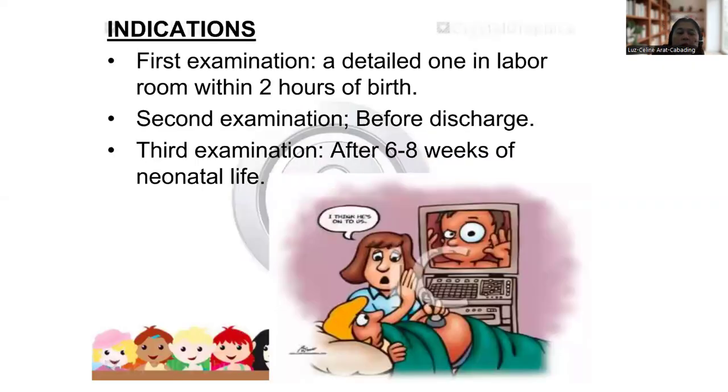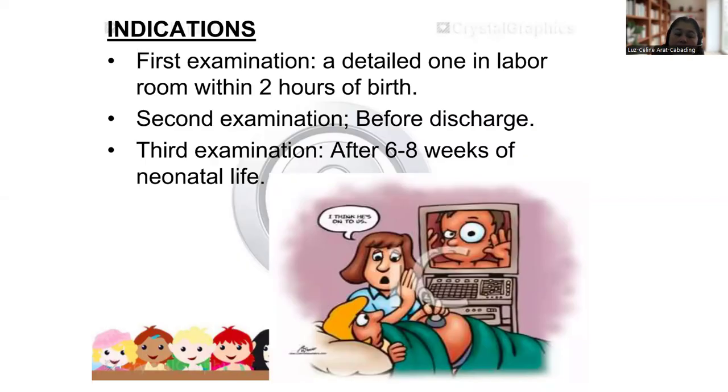So this critical examination, we actually do 3 times. The very first will be in the labor room within 2 hours after birth. Right away, we do that clinical eye assessment and those basic respiratory and heart rate assessments.